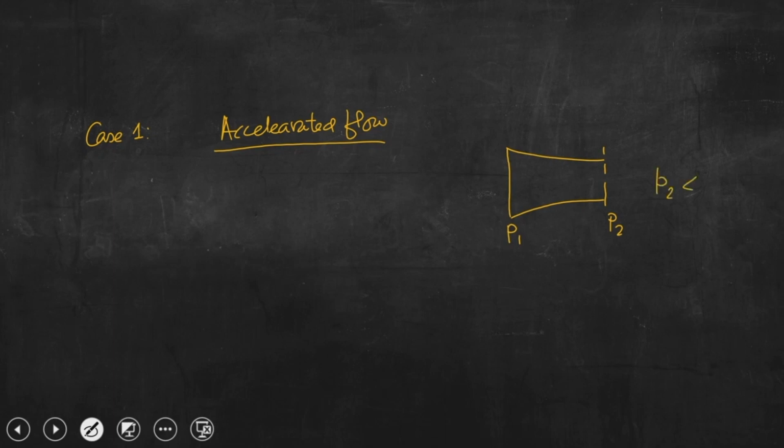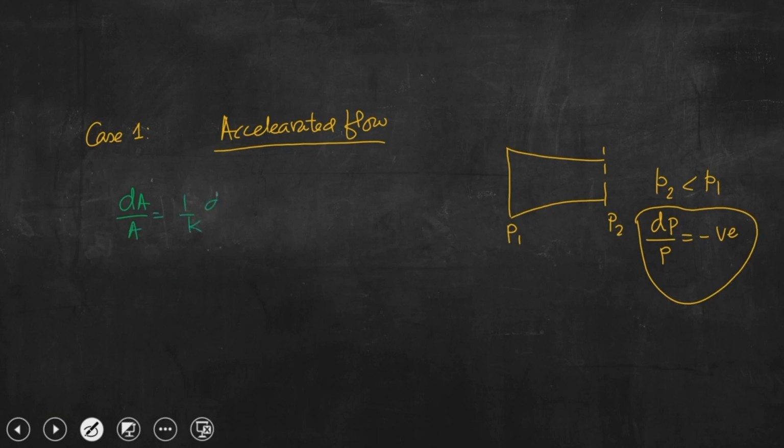P2 is much less than P1, and it implies that dP by P should be negative.